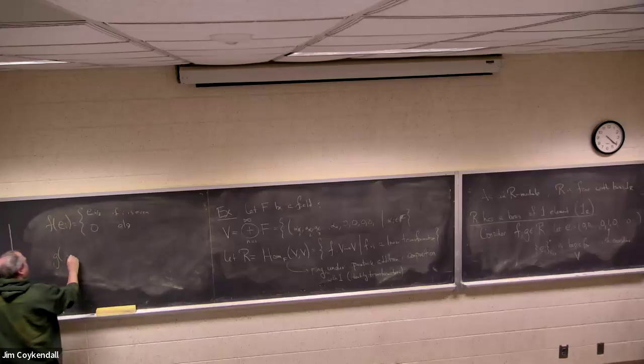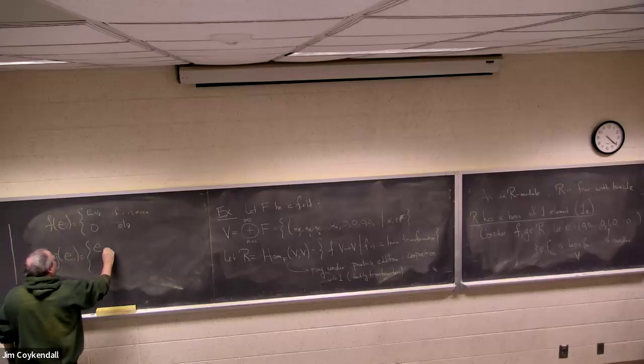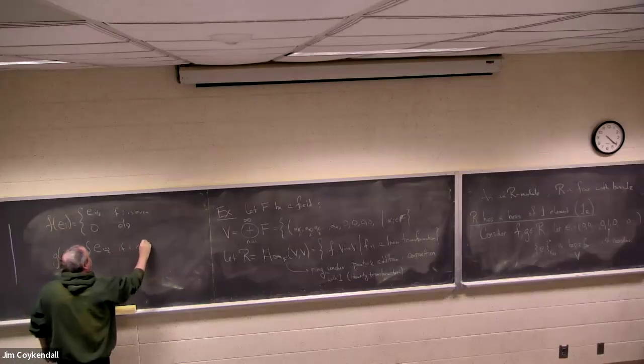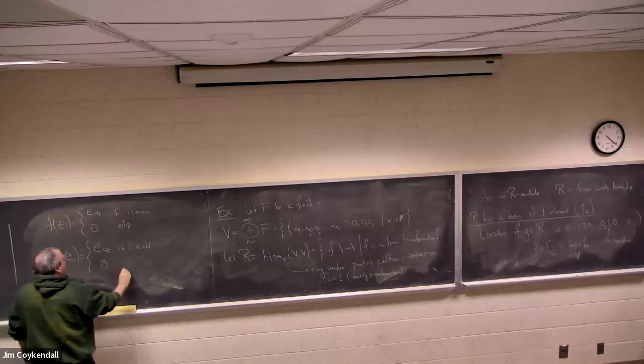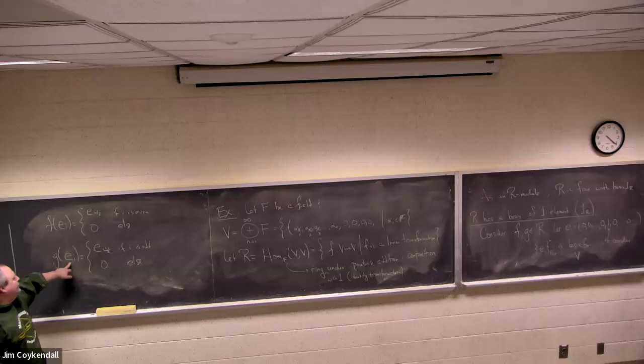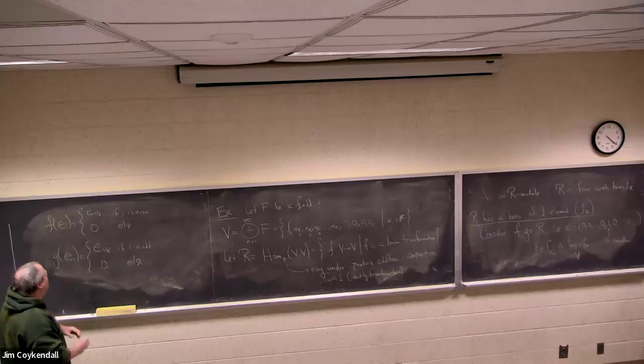I'm going to do something similar here. G of E_i is E_((i+1)/2) if i is odd, and 0 else. So this takes all the even basis elements, E2, E4, and E6, all of these, to 0. On the other hand, it takes E1 to E1, E3 to E2, E5 to E3, and so on.